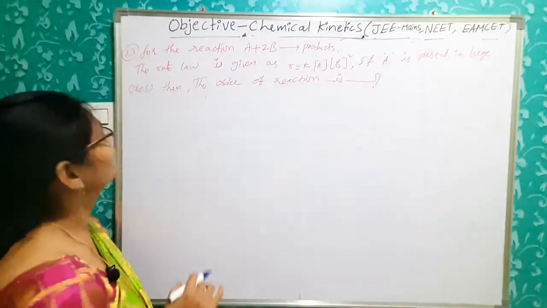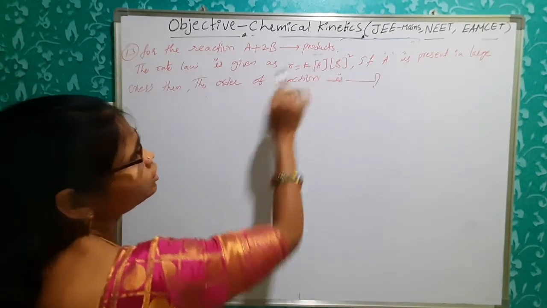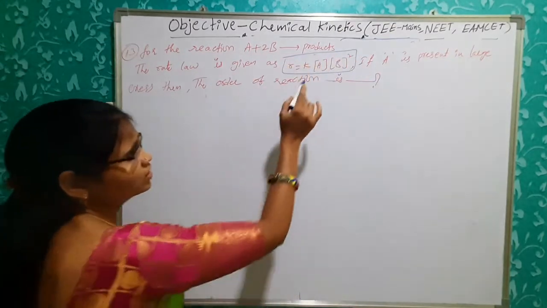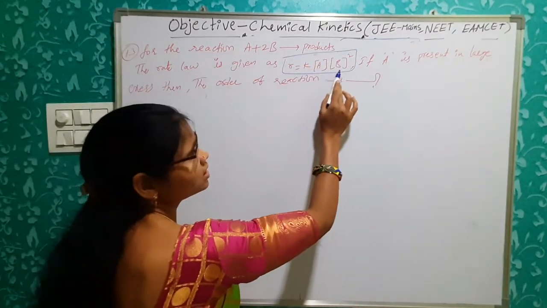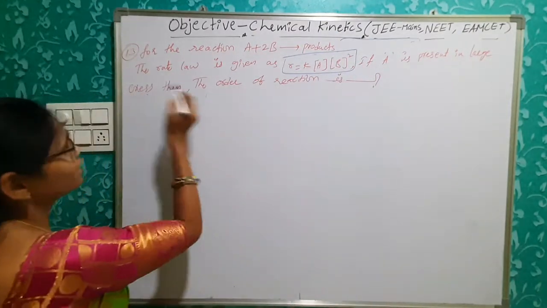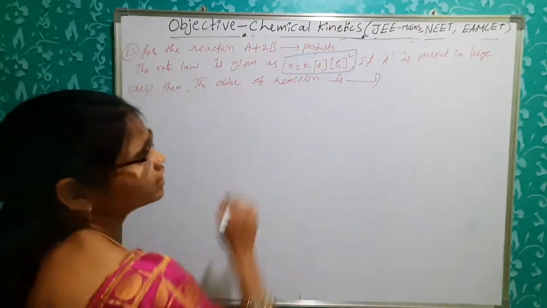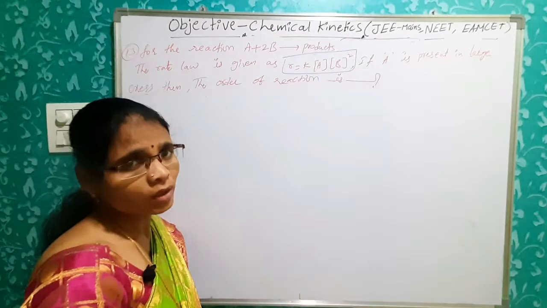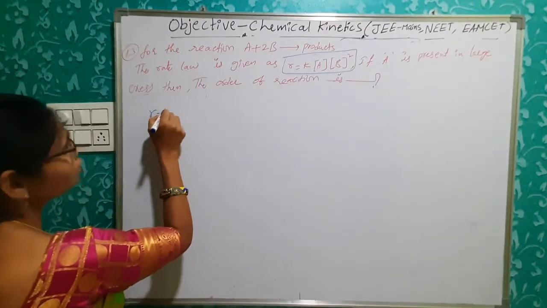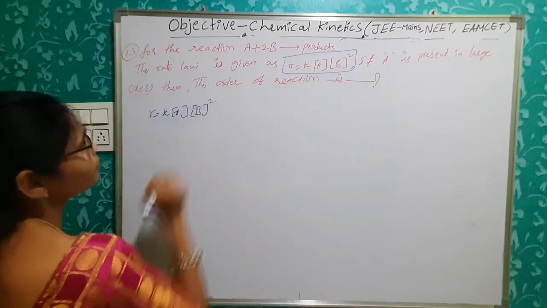Next. See here, for the reaction A plus 2B gives rise to products, rate law is given as R is equals to K into concentration of A, concentration of B power 2. If A is present in large excess, the order of the reaction is what? Okay. So A is present in large excess, nothing but R is equals to K into concentration of A, concentration of B power 2.